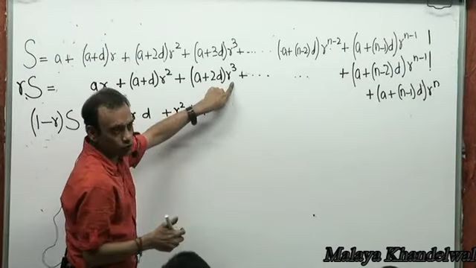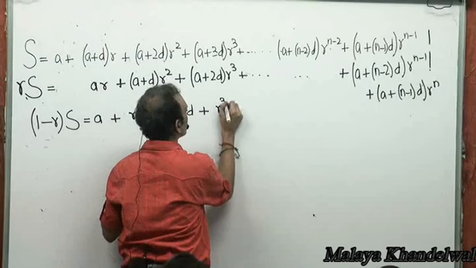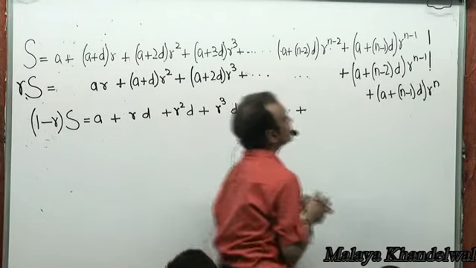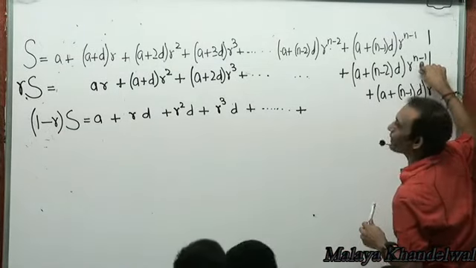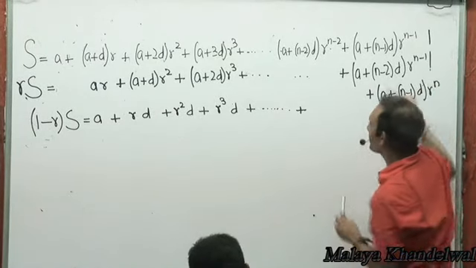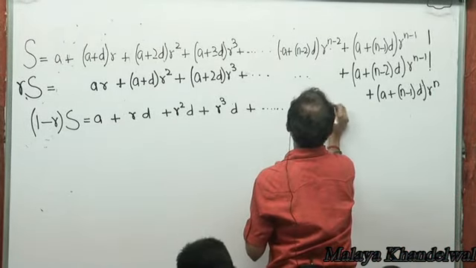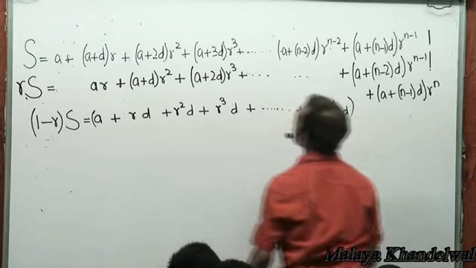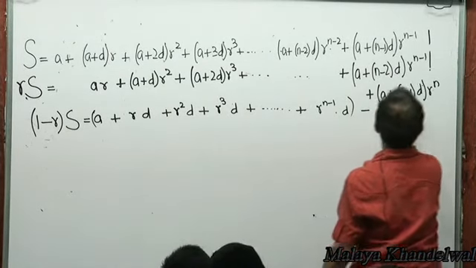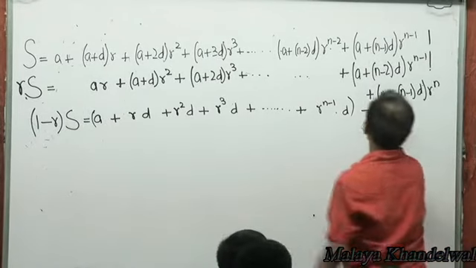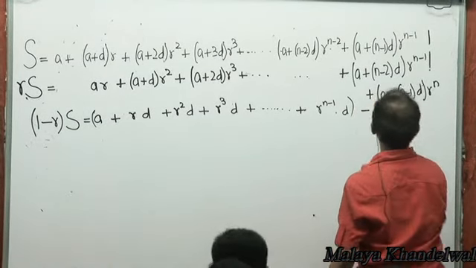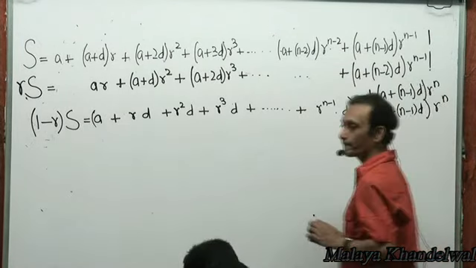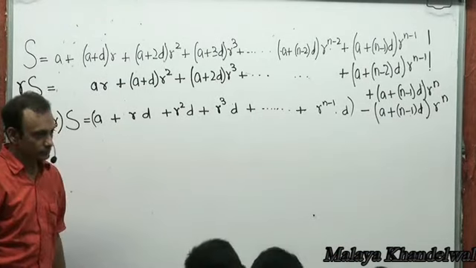This will become D into R cubed. This will become D into R to power n minus 1. Right? And minus this term is a lone term, minus A plus n minus 1 into D into R to power n. Clear?